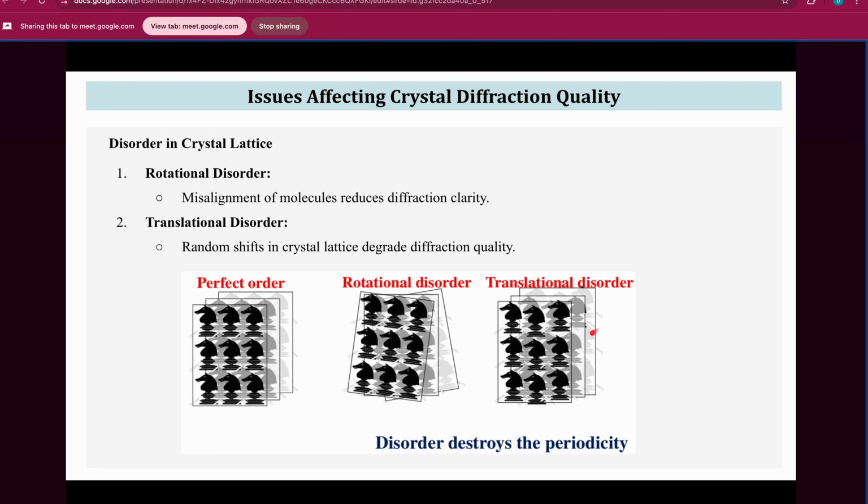Then there is translational disorder. If there is translational disorder, there will be random shifts in the crystal lattice which will degrade the diffraction quality. So you need to make sure that your crystal is in perfect order to obtain a proper diffraction pattern. These are the issues in the crystal lattice.